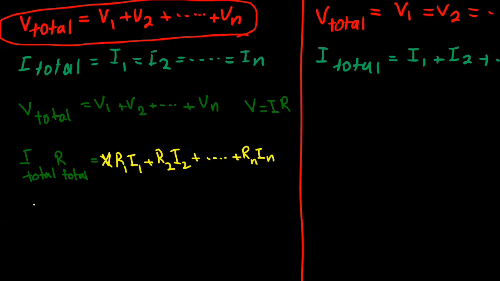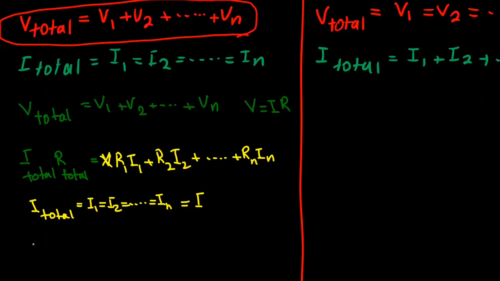So we know I total equals I1 equals I2 equals In, and I want to put it equal to I. So I substitute I for I total and I1, I2, In.